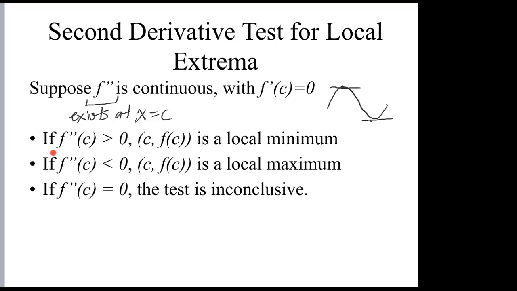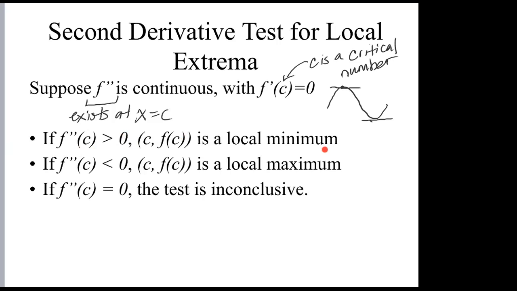But if I've got that, then I can say, well, three things. If f prime prime of c. So note that, again, this tells me that c is a critical number. And then if I evaluate the second derivative at c and I get a positive number, then this point c, f of c, is a local minimum.